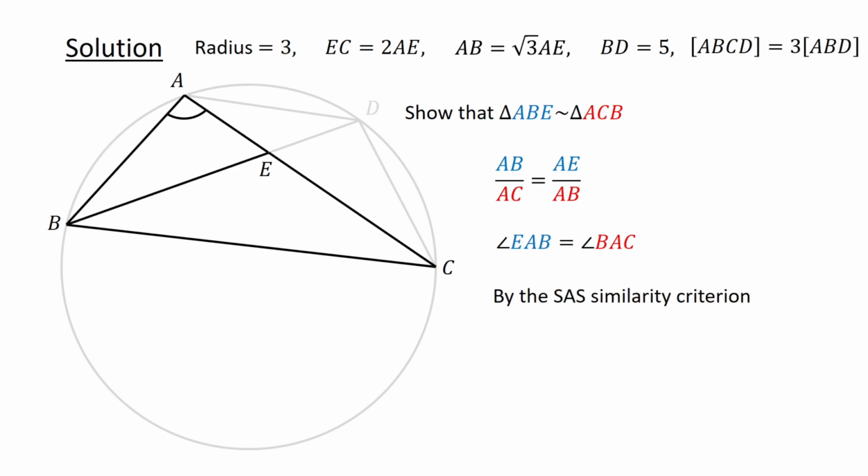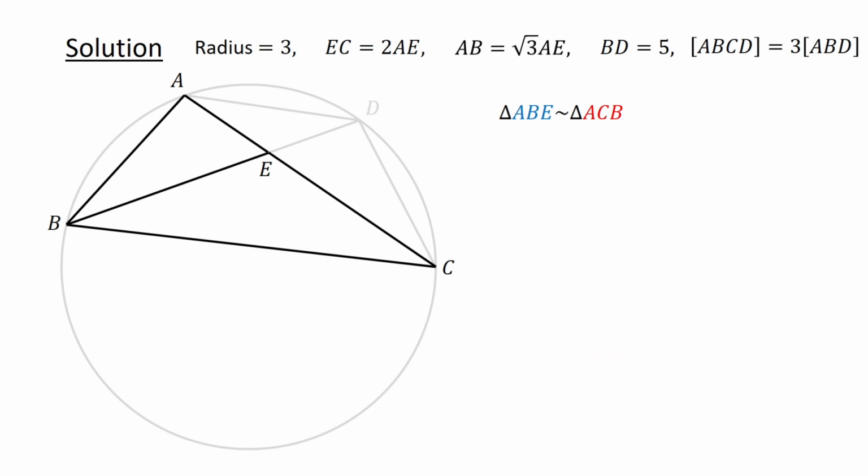Therefore, by the side angle side or SAS similarity criterion, the two triangles are similar. Since angle ABE, which is this angle, and angle ACB, which is this angle, are corresponding angles in similar triangles, we have angle ABE equals angle ACB.